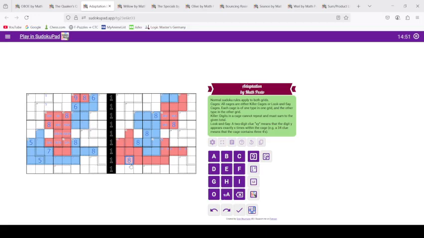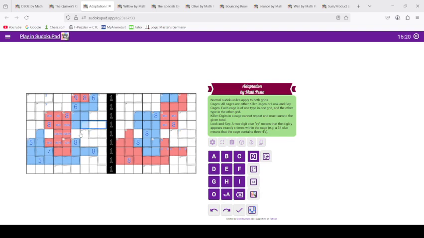This adds up to 17, which can be done any number of ways in 3 cells. This is either 9 forged or single 3. Same for that. 6, 9 or a single 5.